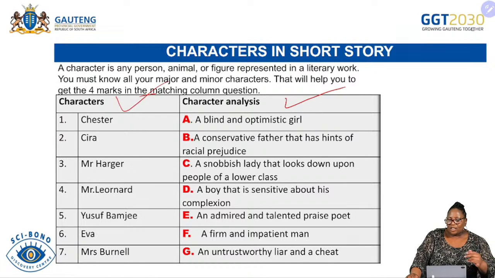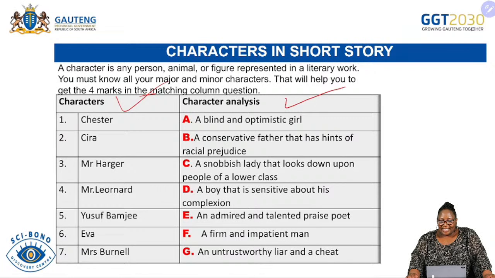A blind and optimistic girl, a conservative father that has hints of racial prejudice, a snobbish lady that looks down upon people of a lower class. A boy that is sensitive about his complexion.